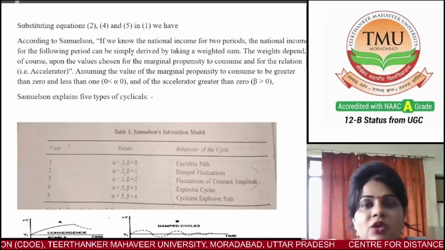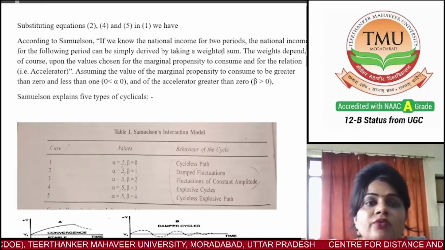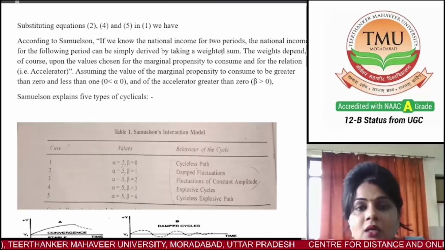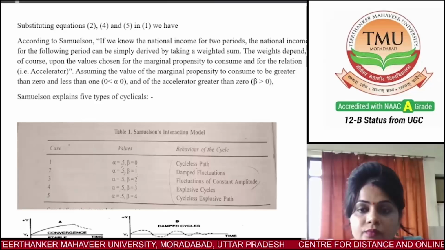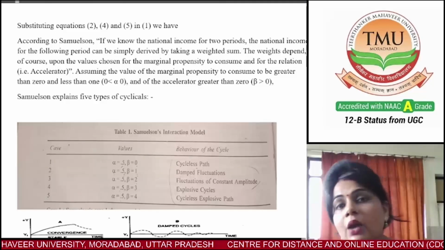According to Samuelson, if we know the national income for two periods, national income for following periods can be simply derived by taking a weighted sum.